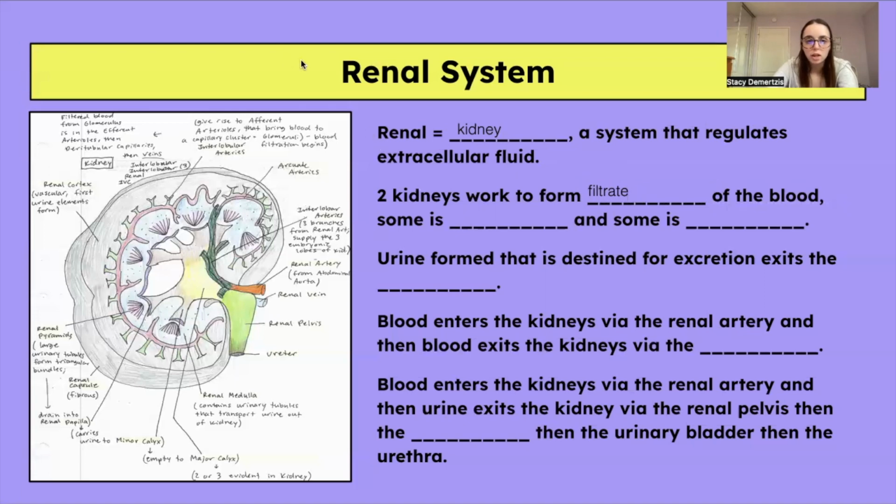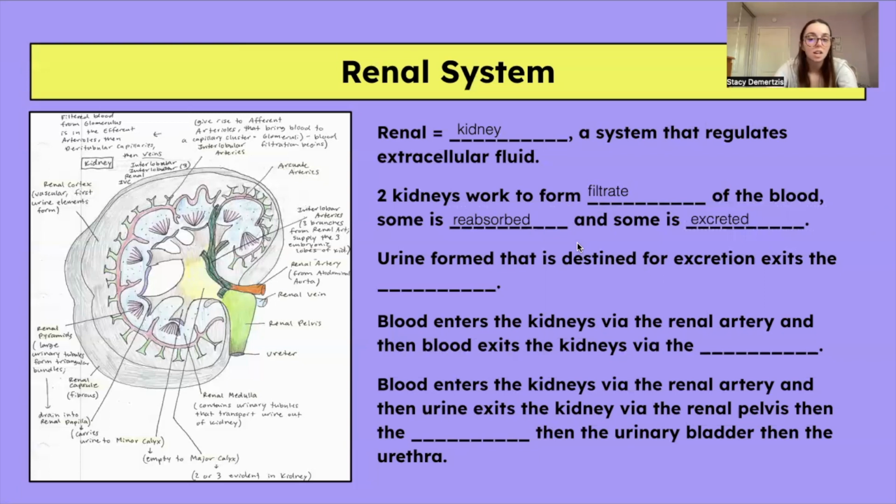Some of this filtrate is going to stay within the body, and some is going to leave the body. The way we describe that is some is reabsorbed and some is excreted. The urine that is formed comes from this filtrate of blood that is destined for excretion.